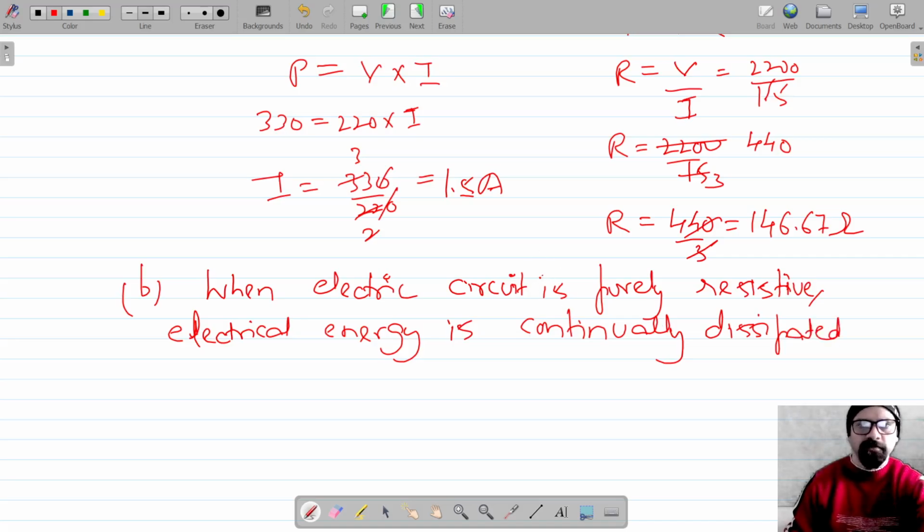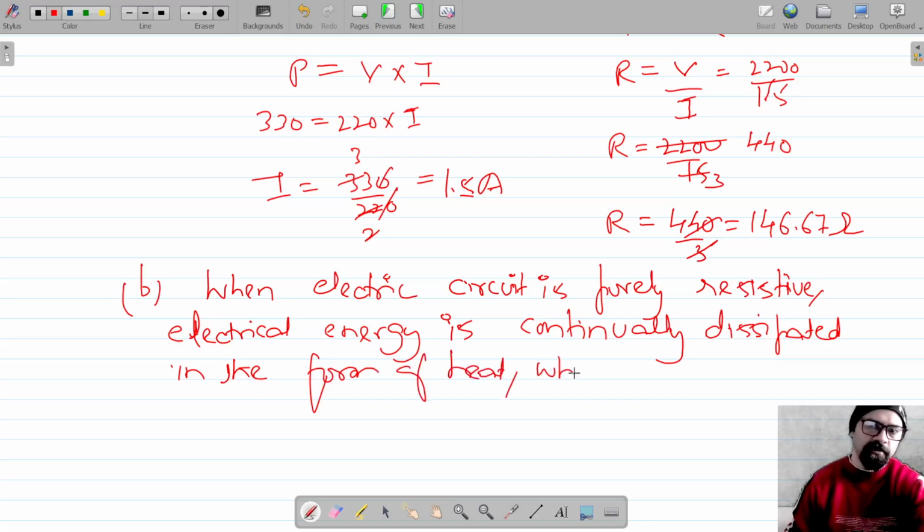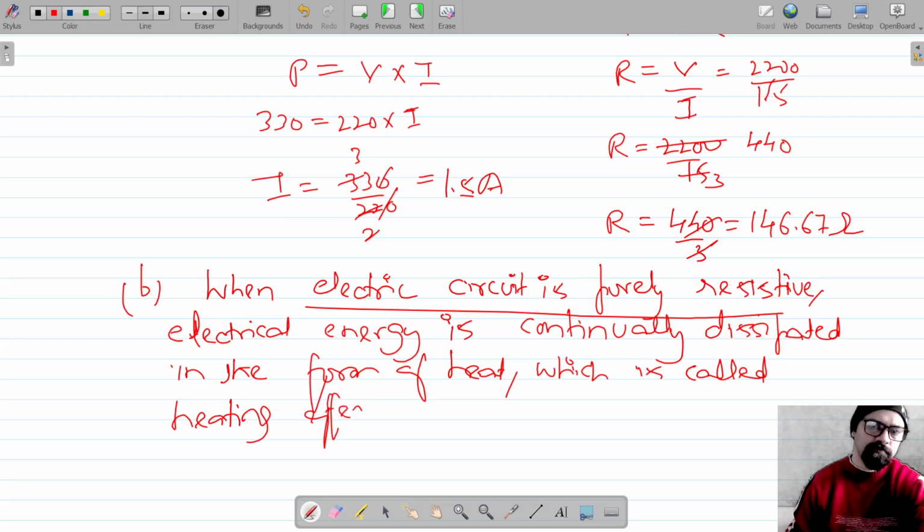That means we have complete resistance in the circuit and all electric energy is converted into heat. This is called the heating effect of electric current.